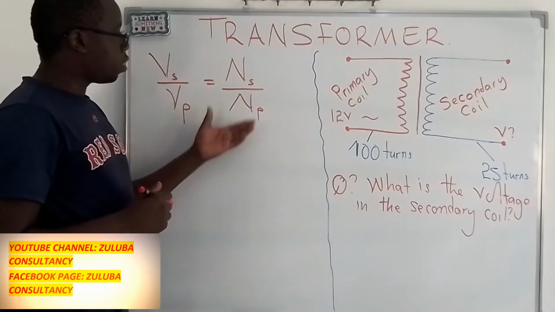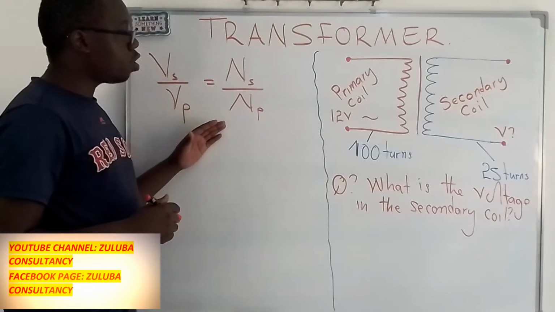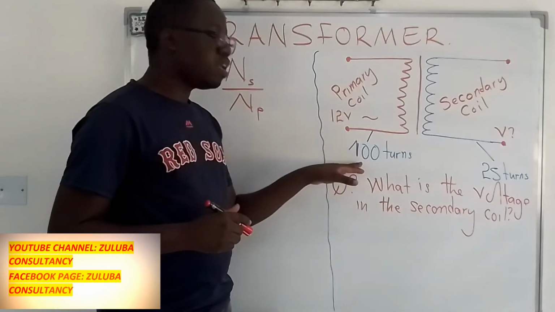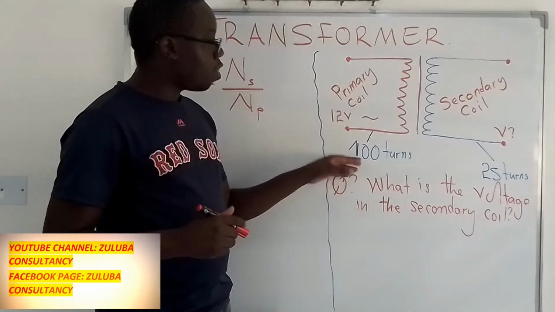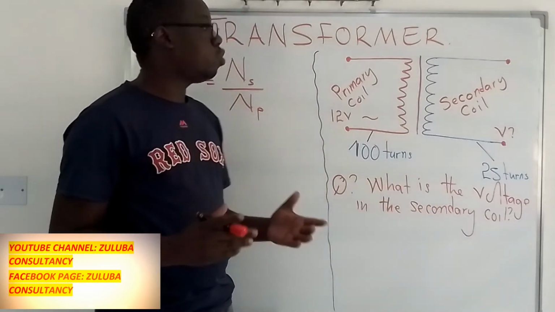When you look at these four variables, you'll notice that the question has given us three of them. The fourth one is what we have been requested to find.